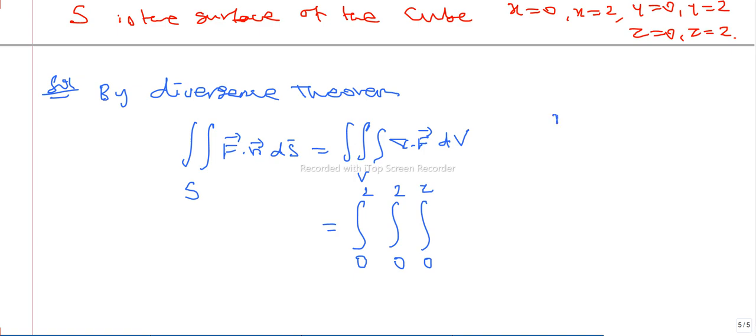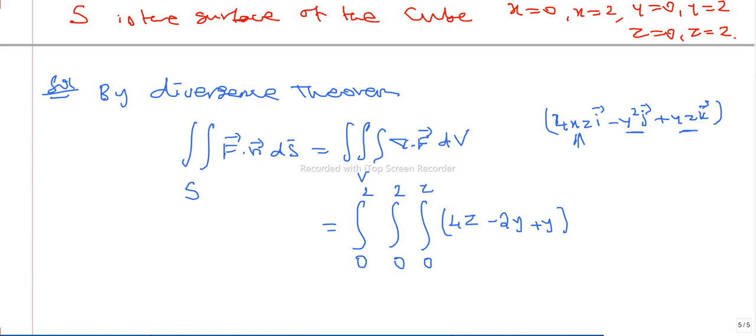So F is 4xz i minus y square j plus yz k. If you take the dot product, you have to differentiate this partially with respect to x, therefore we get 4z, plus differentiate this partially with respect to y, we get minus 2y, and differentiate this partially with respect to z, therefore we get just y, dz dy dx.